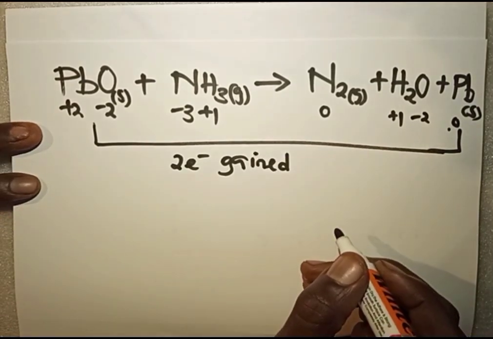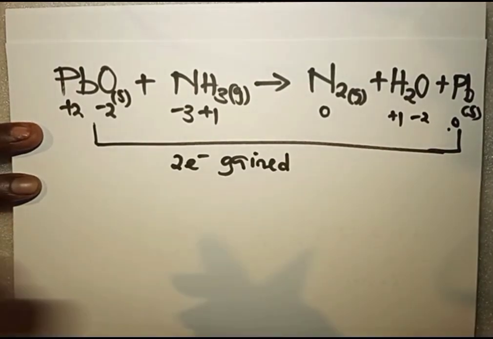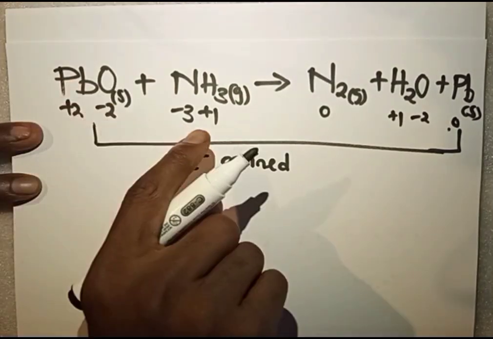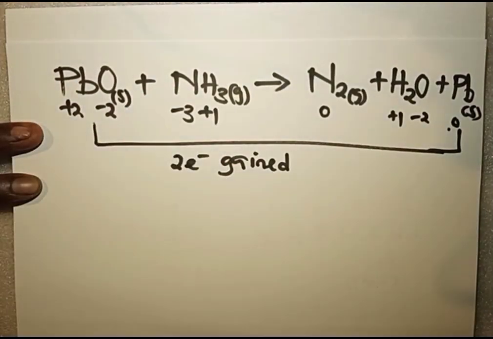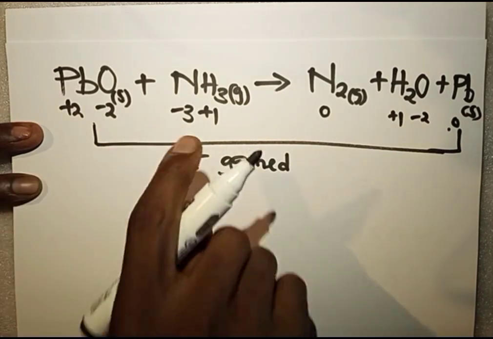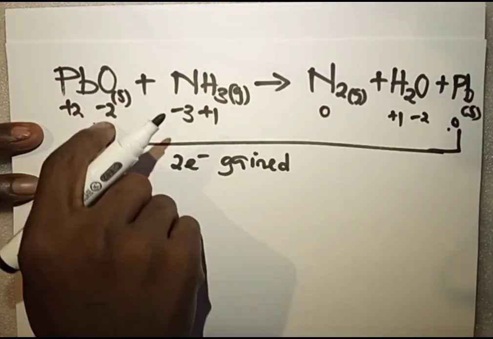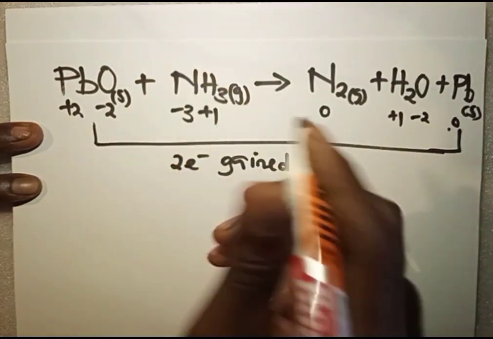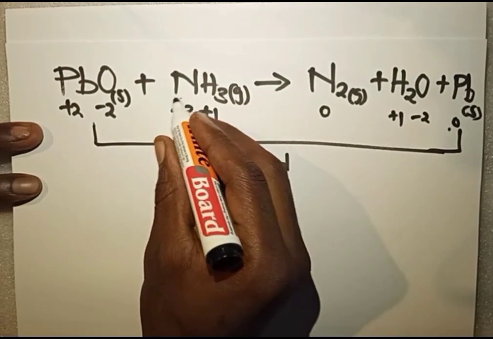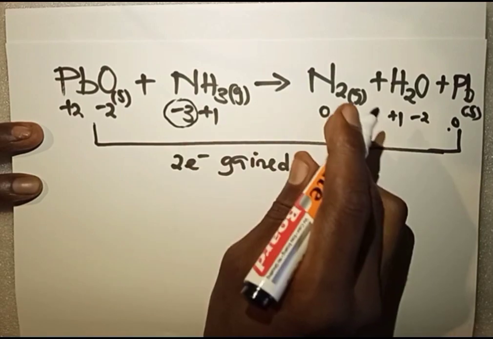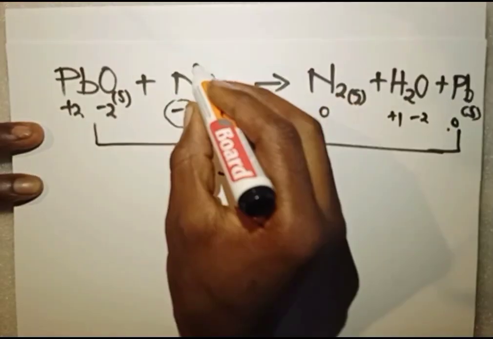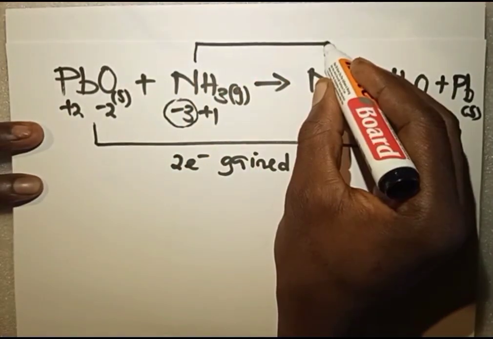Okay? What else? What has happened to nitrogen? If you look at oxygen, it is all the same, -2, forget about it. Go to nitrogen. Here nitrogen is -3. Here it is 0. So what has happened to this?